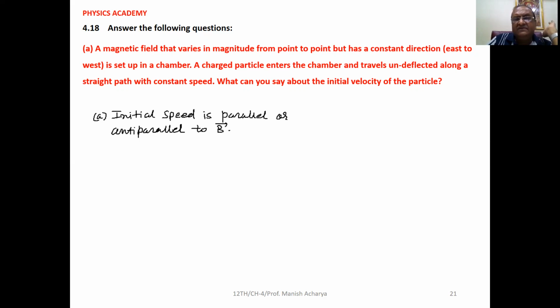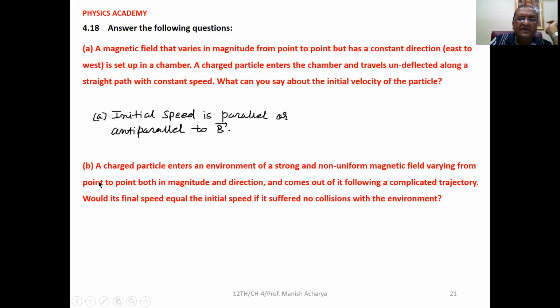In that case, the force will be 0 and the particle will move undeflected. So the initial velocity should be parallel or anti-parallel to B.